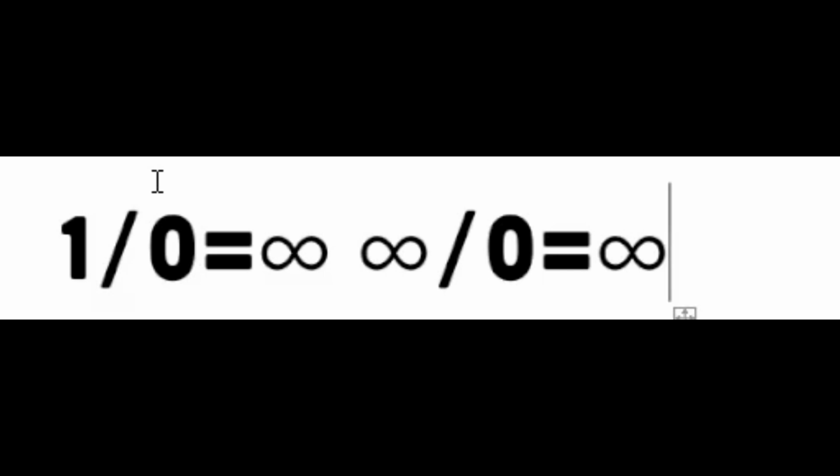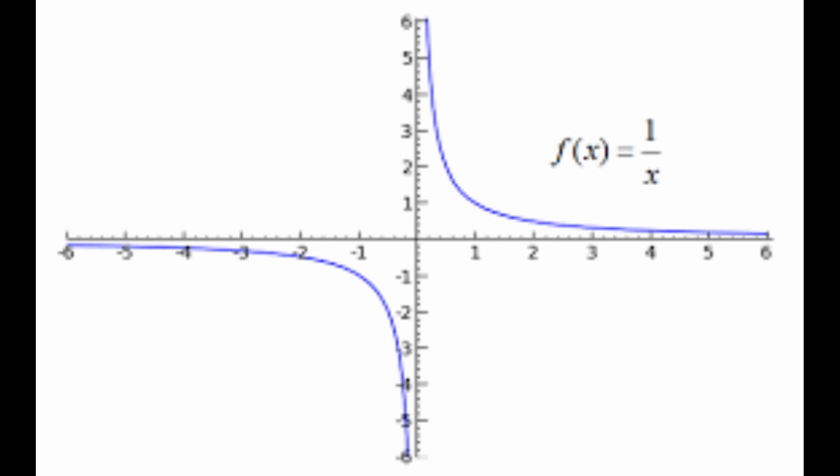Because if we look at limits in calculus, then as x approaches 0, the answer approaches infinity. Because say we have 1 divided by 2. That's half. 1 divided by 1.